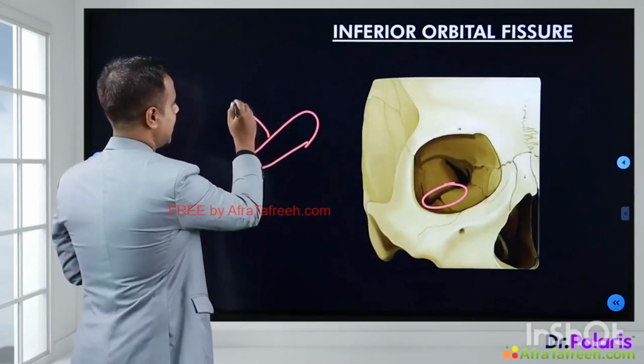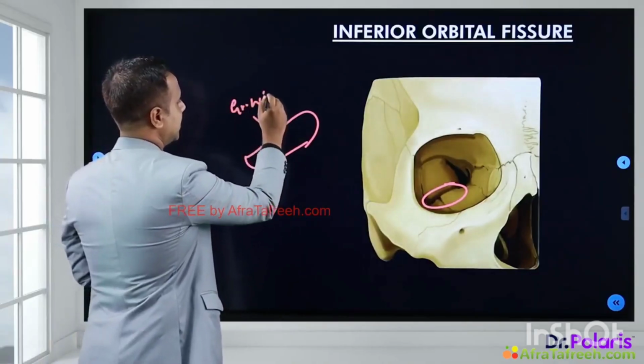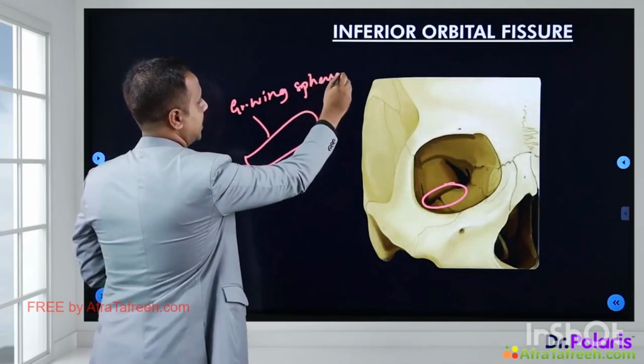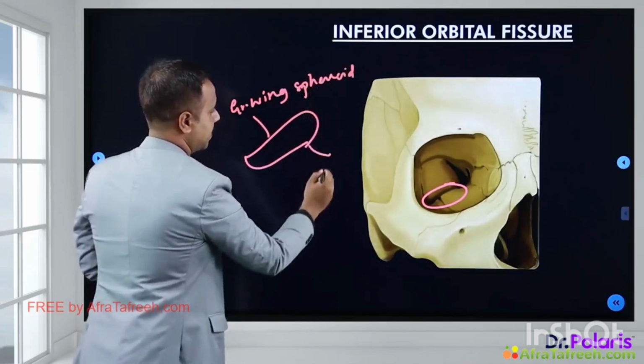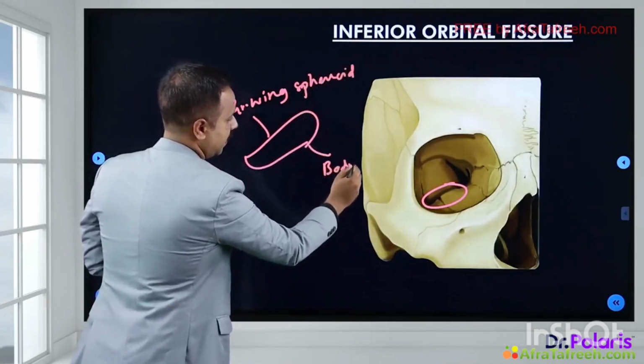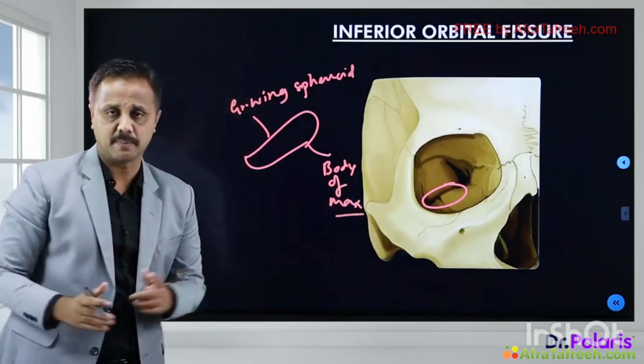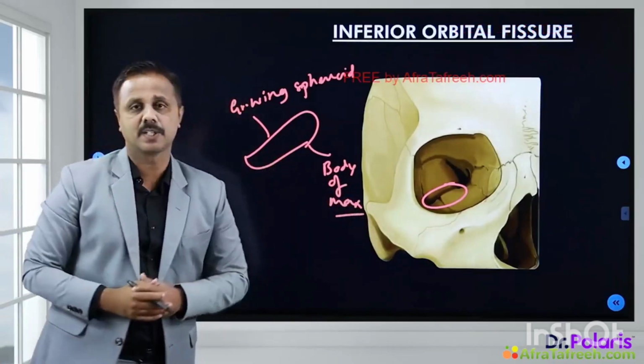Above it is the greater wing of sphenoid, whereas below it is the body of maxilla or maxillary bone.